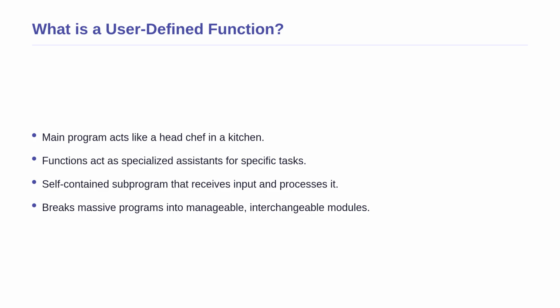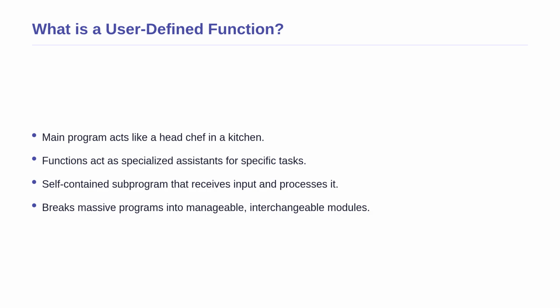To start, imagine you are managing a large restaurant kitchen. If you, the head chef, try to chop vegetables, cook meat, and wash dishes all by yourself, you will quickly become overwhelmed. Instead, you hire specialized assistants for each task. In C and C++ programming, the main program is like that head chef, and user-defined functions are your specialized assistants.